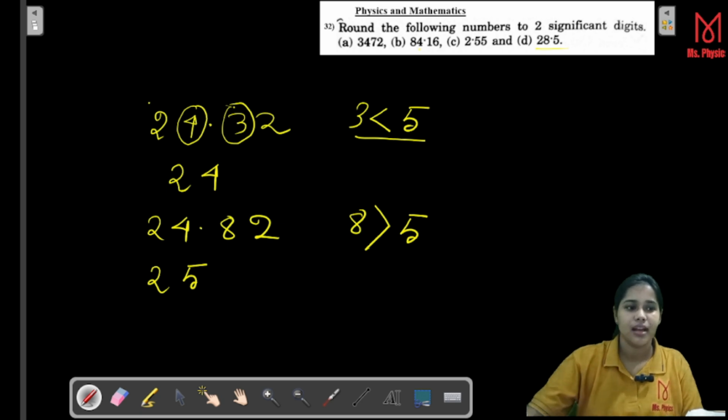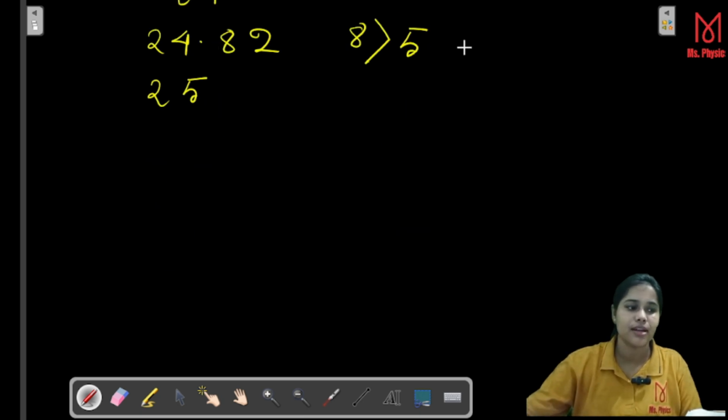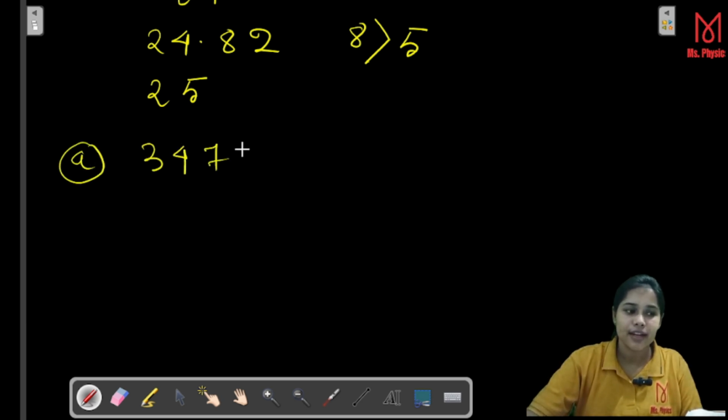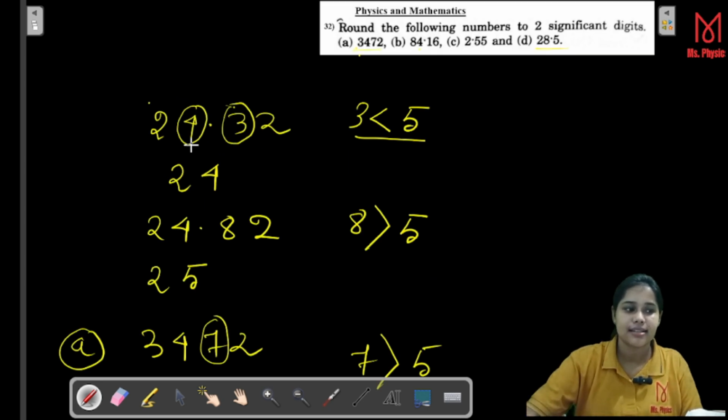Now if you go to the first numerical, that is 3472, here you see that the second digit is 4. But after that comes 7, and 7 is greater than 5. So when it is greater than 5, as I told you, the 4 will be added with 1.